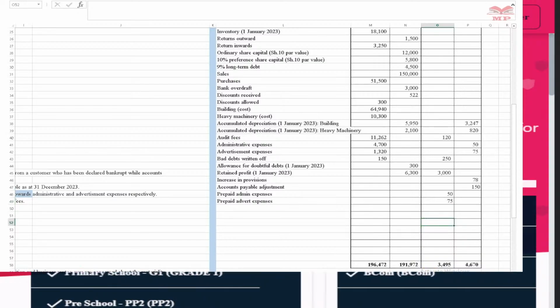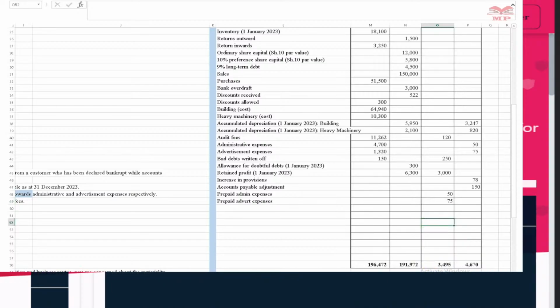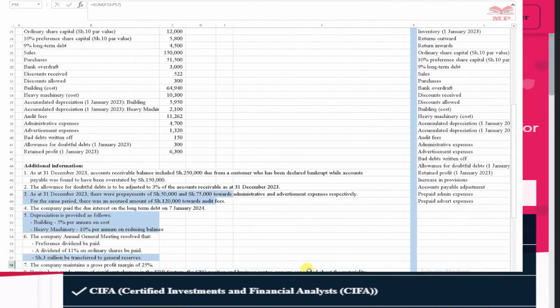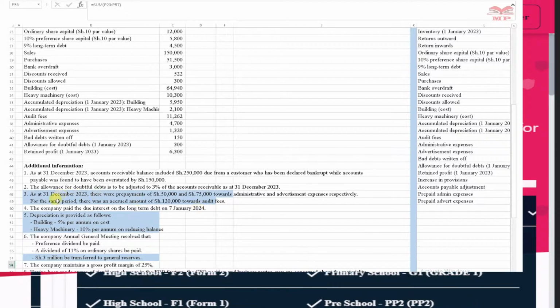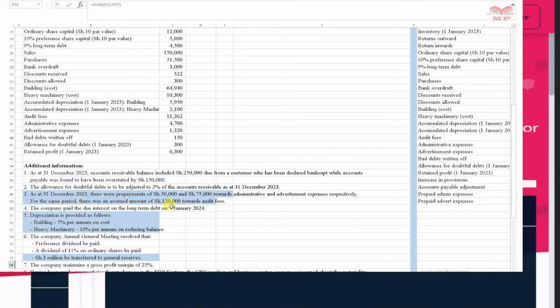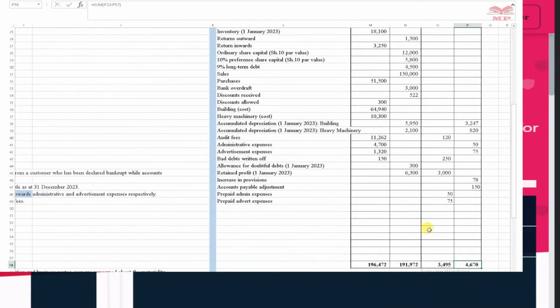And once we've done that, we're still proceeding on well. It's still summing up the totals just to confirm. From there, the 50 and the 75, is there anything else that we need to adjust here? Yes, we need to adjust the accrued amounts here, accrued audit fees, 120. So for every debit, there must be a credit.